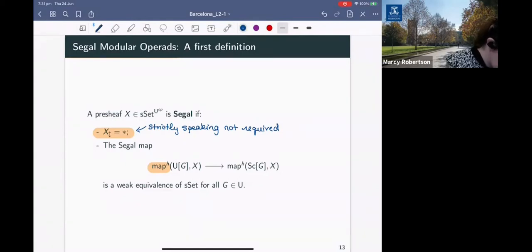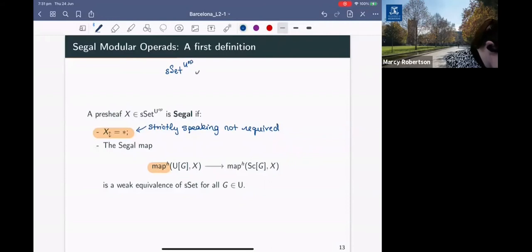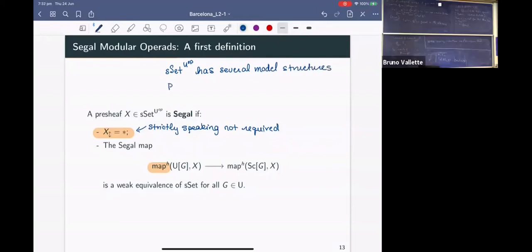So it's a fact, I guess, that the category of presheaves has several model structures. And you can pick whichever one you like. So there's a natural one, that's the projective.